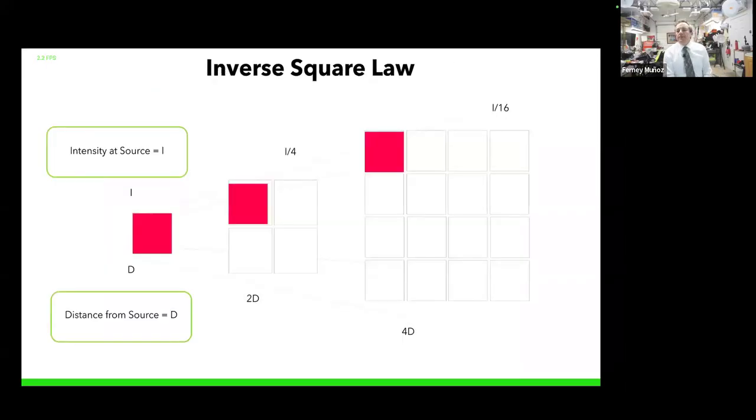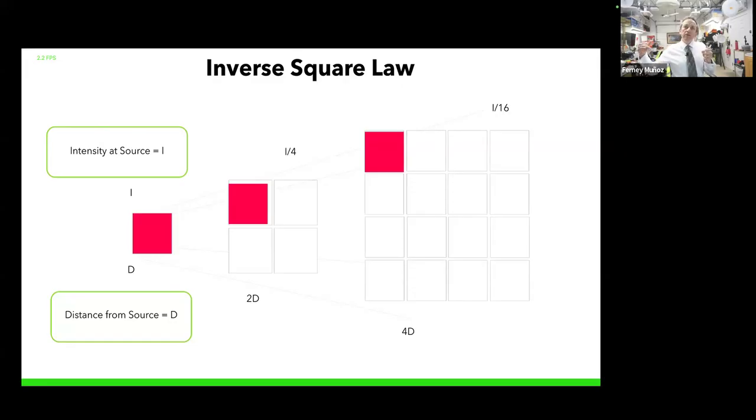Well, it happens that there is something called the inverse square law. This is not unique to Wi-Fi. This is just physics. It was Isaac Newton who, in his studies, discovered that when you have a source of energy or light or radioactivity, if you double the distance from that source, you're going to have 1/4 of that power left.